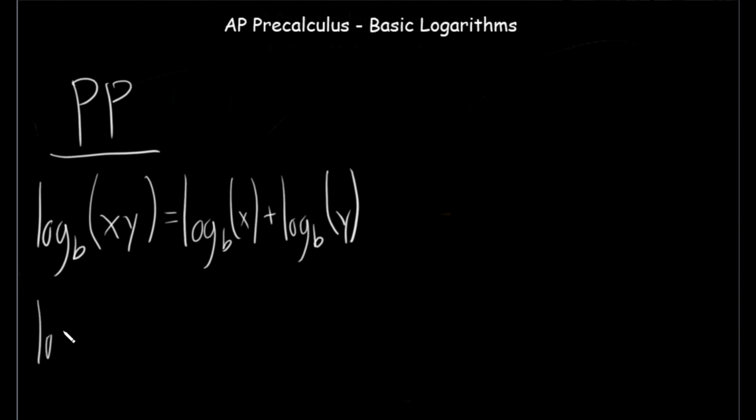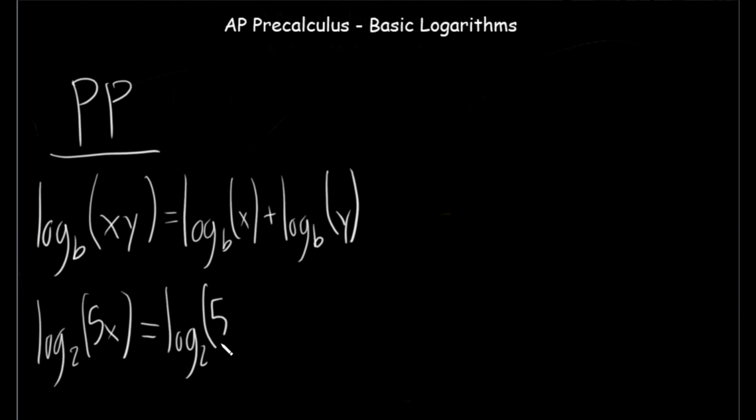Say we have log base 2 of 5x, right? Well, the way that was created is we basically added log base 2 of 5 and log base 2 of x.